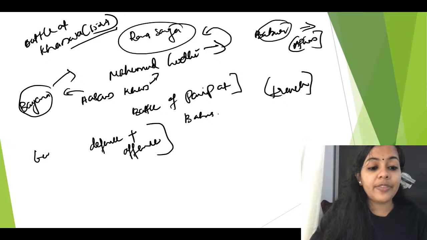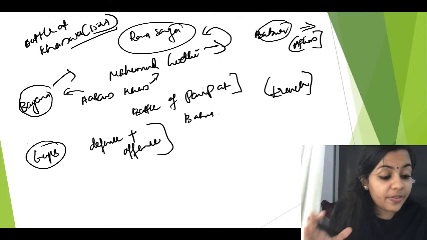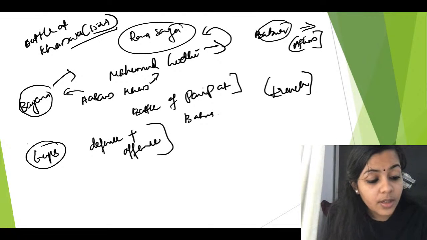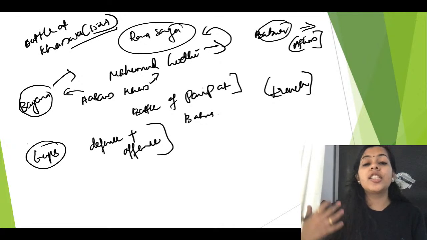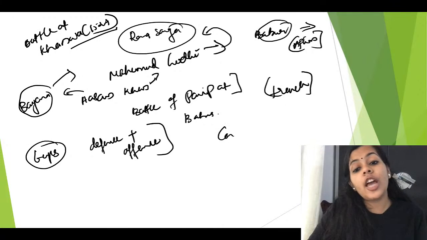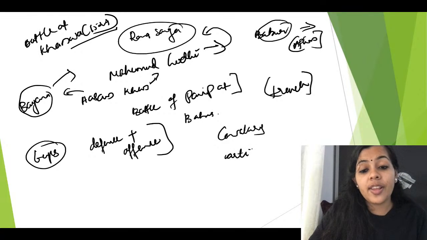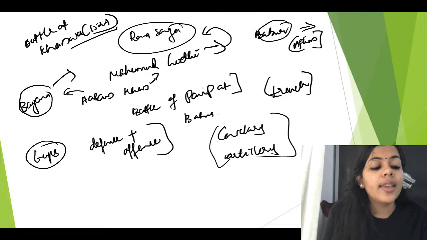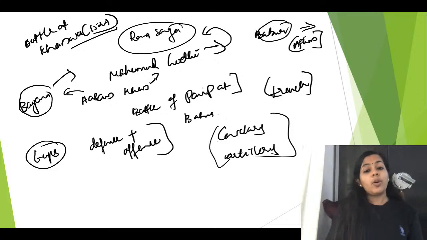So gaps were left behind the musketeers. He left gaps, and Rana Sangha escaped, and there was masterful usage of cavalry, artillery, and flank. Cavalry and artillery were used in such a way that he was able to attack the people.